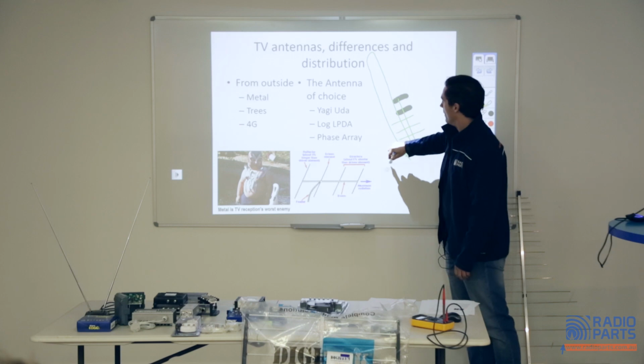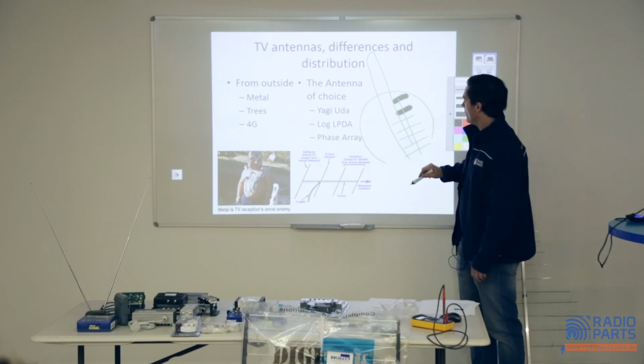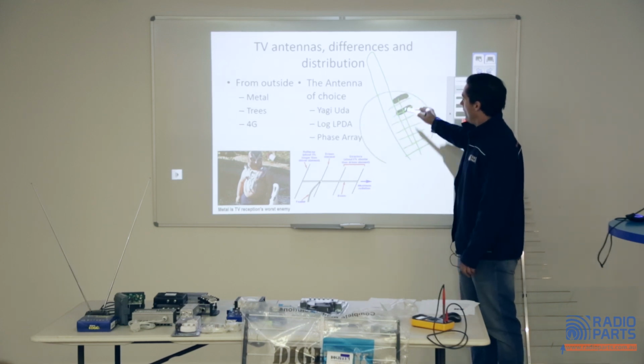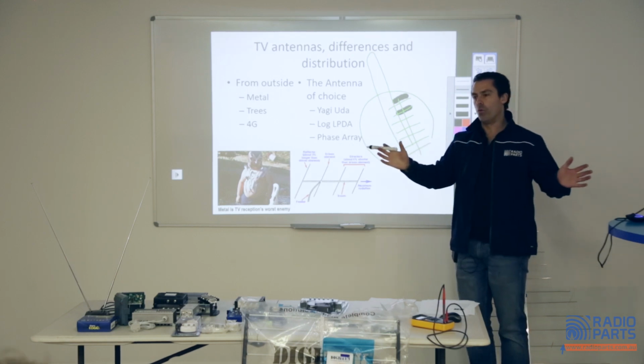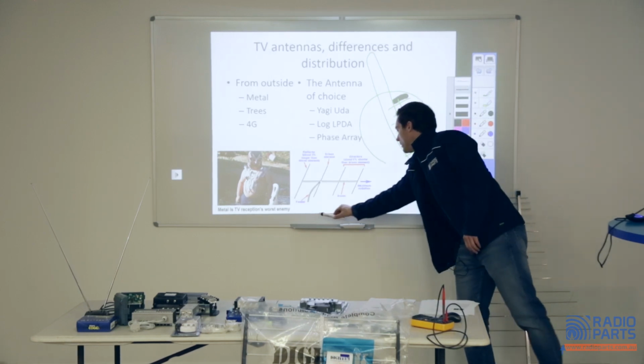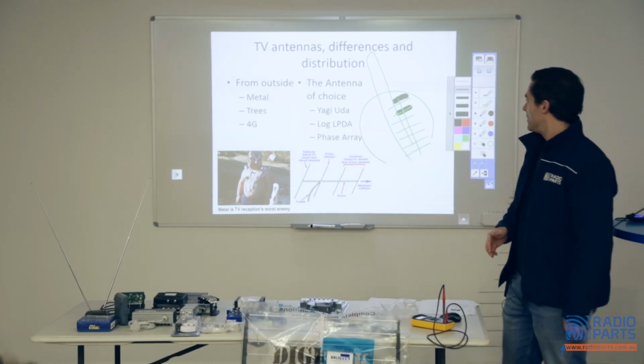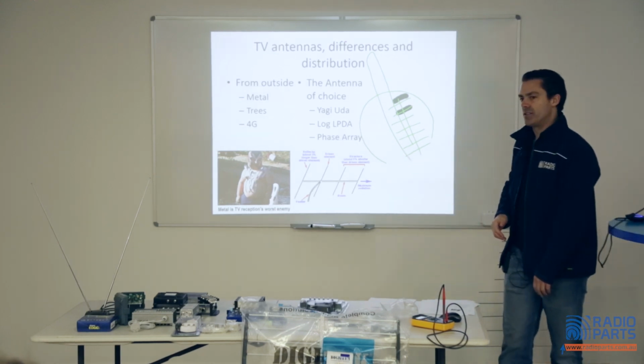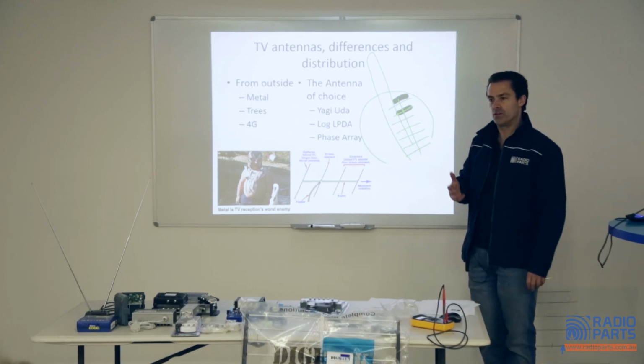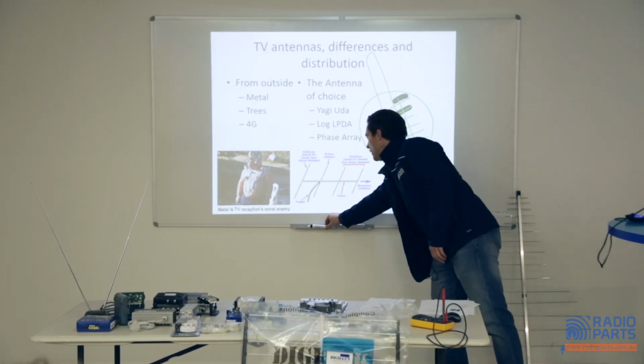You add less and it's going to be more like that. With a phase array, you can actually receive quite a wide range of signals, which makes it ideal for environments, say, for example, a city environment where you've got signal bouncing around the place.